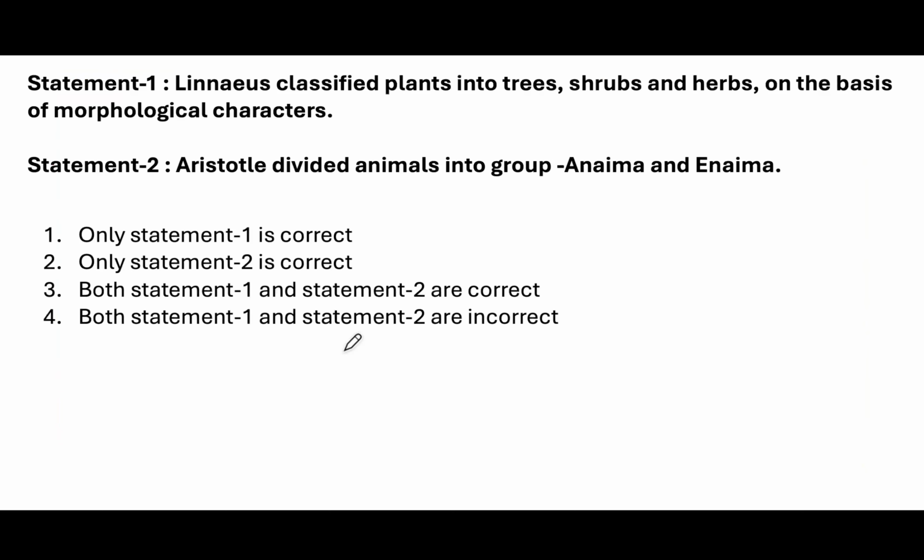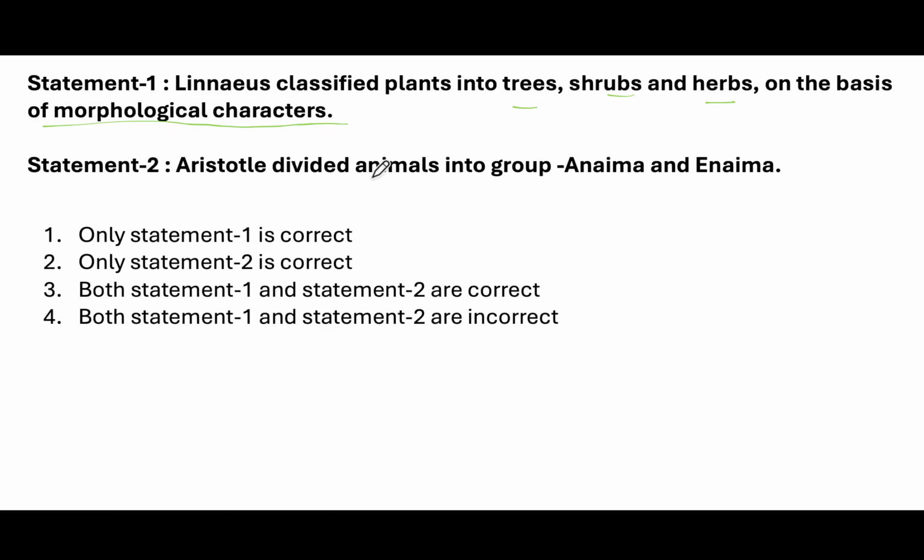Let's solve more questions. Statement 1: Linnaeus classified plants into trees, shrubs and herbs on the basis of morphological characters. Tree, shrub, herb. Can we differentiate them by looking at them? Definitely.